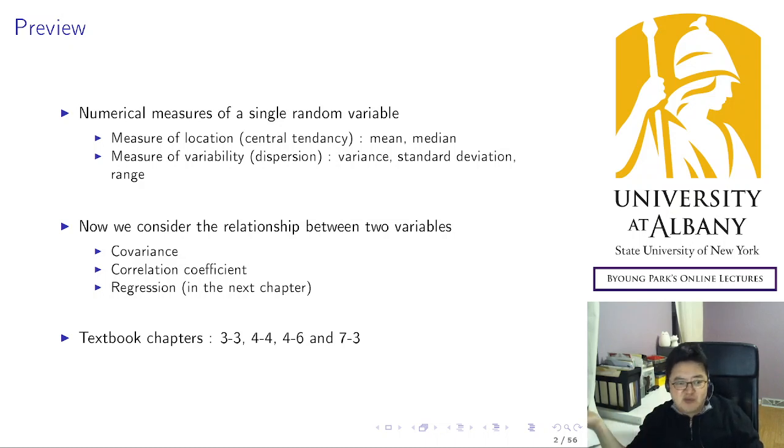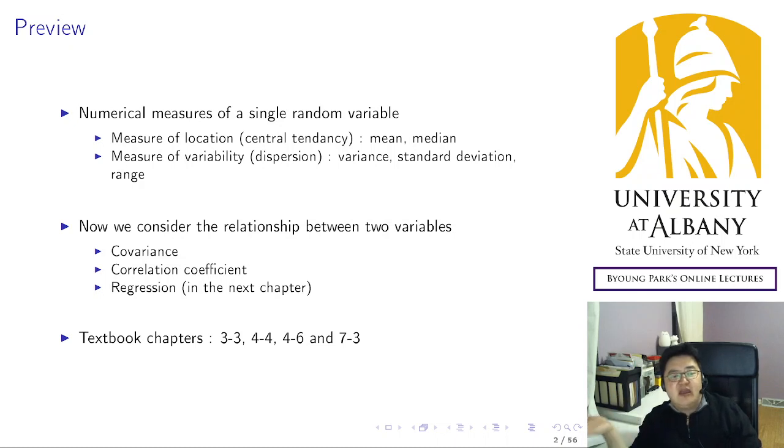And in the next chapter, we are going to learn the regression model. The regression model is the workhorse model in almost, say, 90% of research in economics. There are a lot of variants of the regression model, but we are going to start with the most basic and simplest possible regression model.